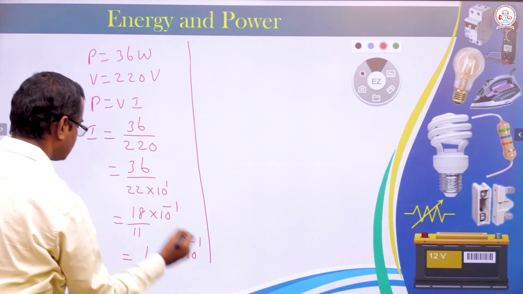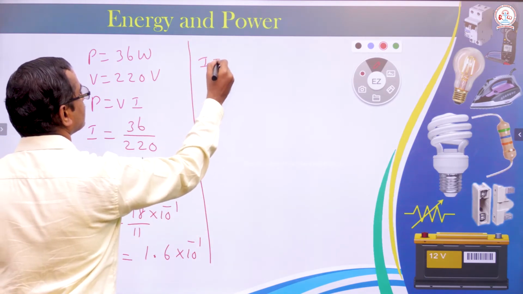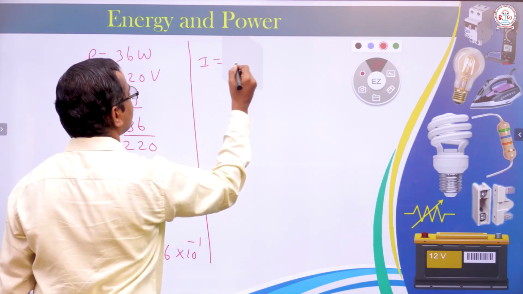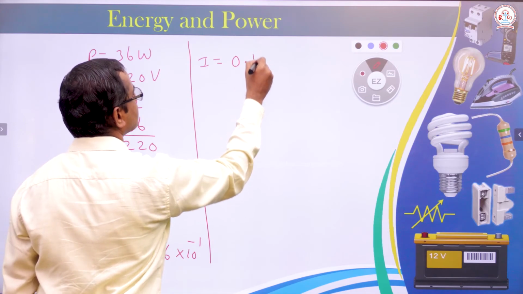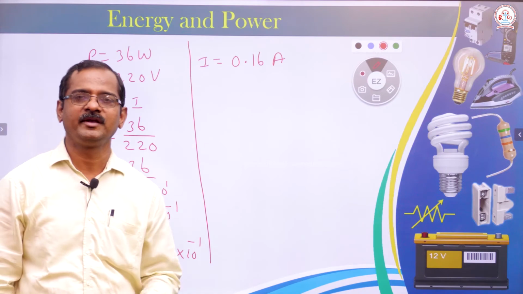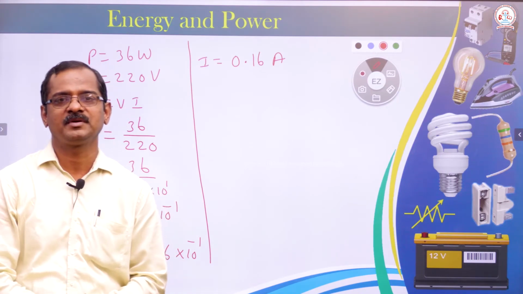Then we get current I is equal to 0.16 ampere. The current drawn by the bulb is 0.16 ampere.